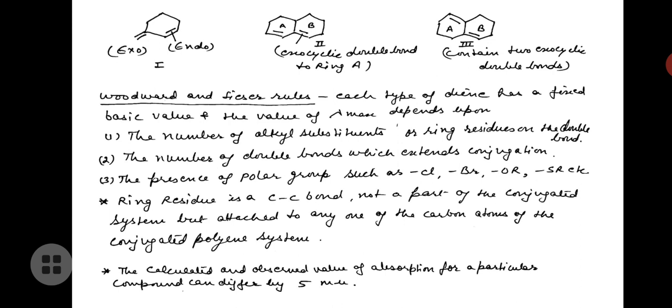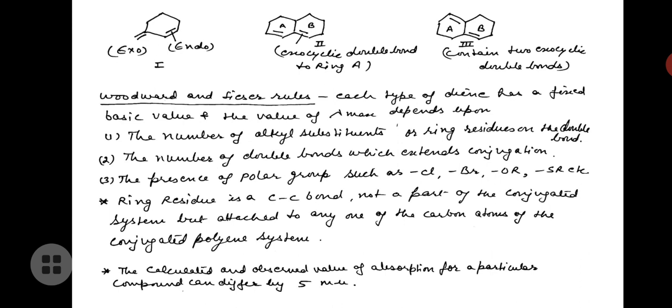See the conjugated double bond system, a double bond, a single bond and a double bond. Now see the ring A. Outside the ring A, a double bond is present. So this is exocyclic double bond to ring A.